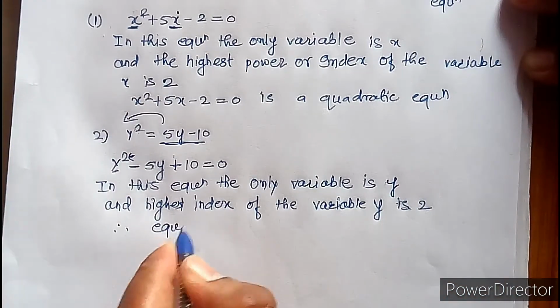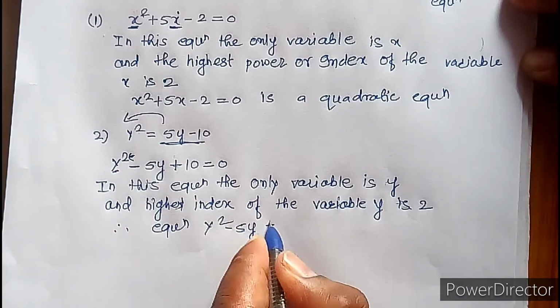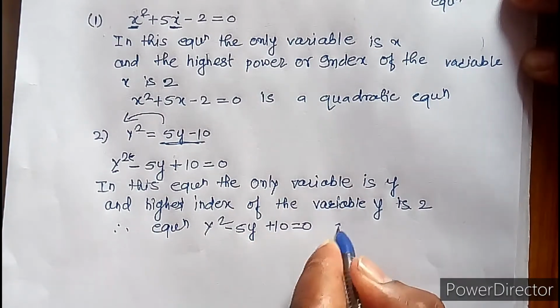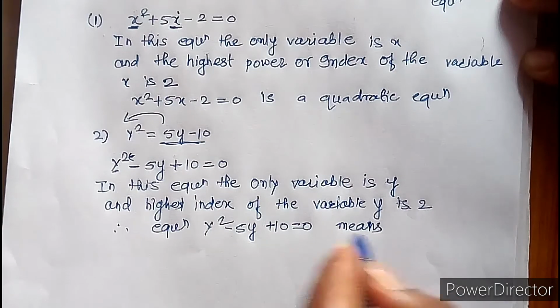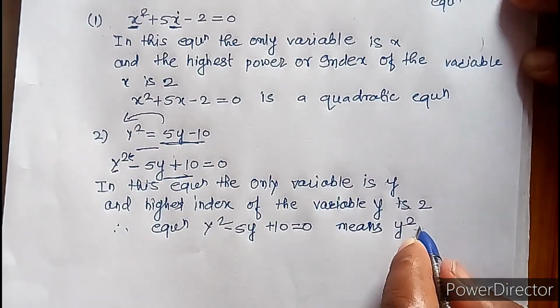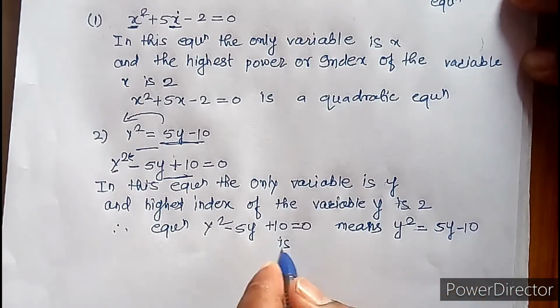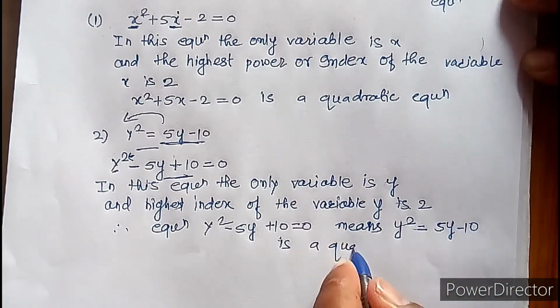Therefore the equation y square minus 5y plus 10 equals to 0, means y square equals to 5y minus 10, is a quadratic equation.